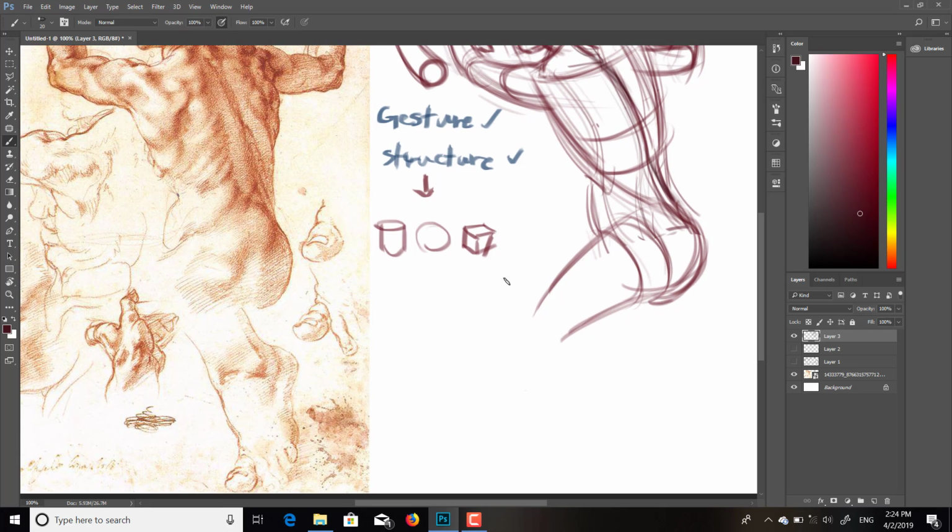If body is twisted, like this one that we've got, imagine a cube or box that's like this. You can analyze the forms.